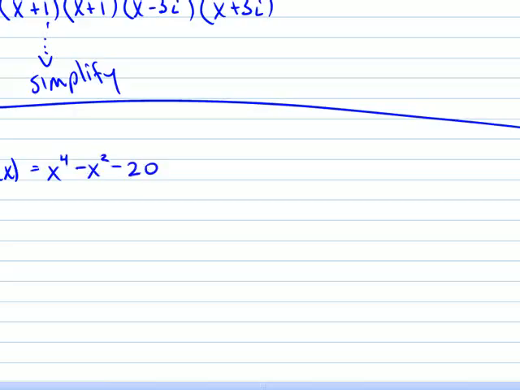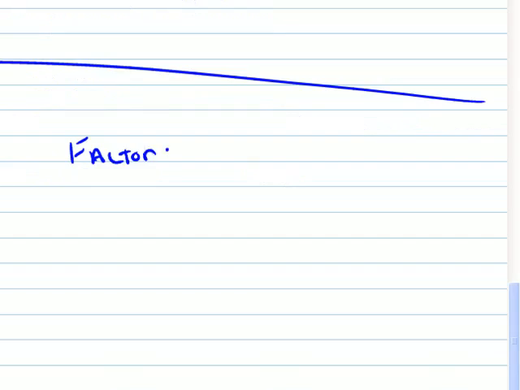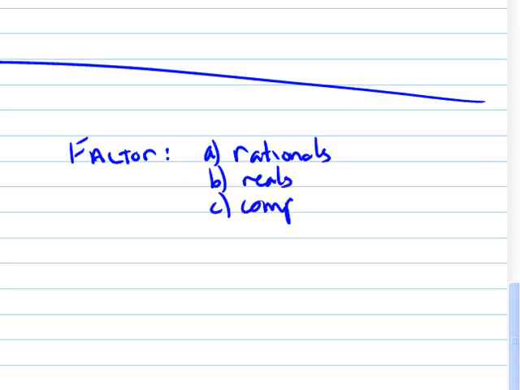What we're going to do is factor this so that it's irreducible over the rationals, irreducible over the reals, and then finally, completely factored.